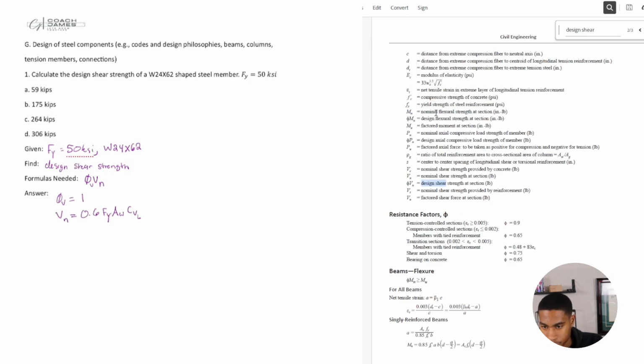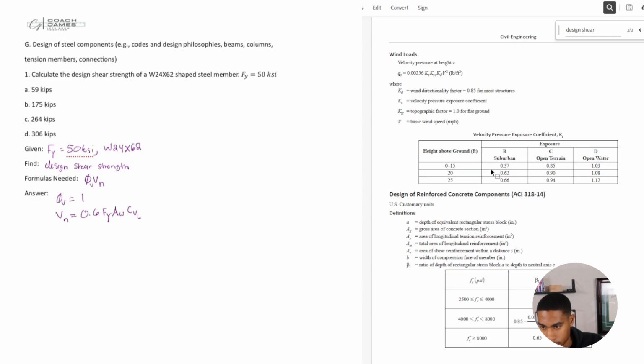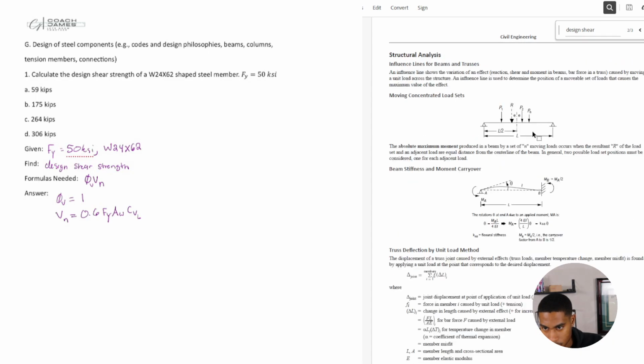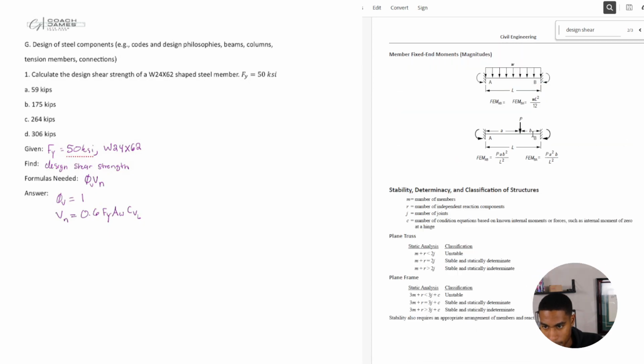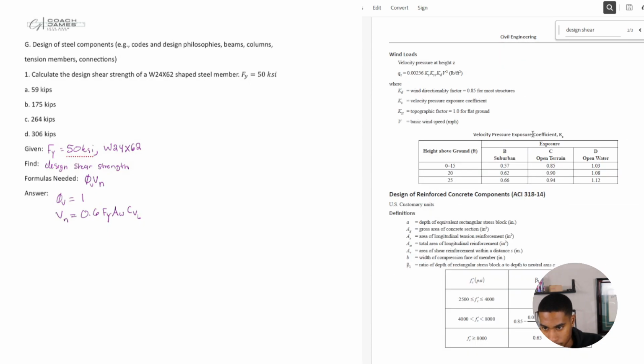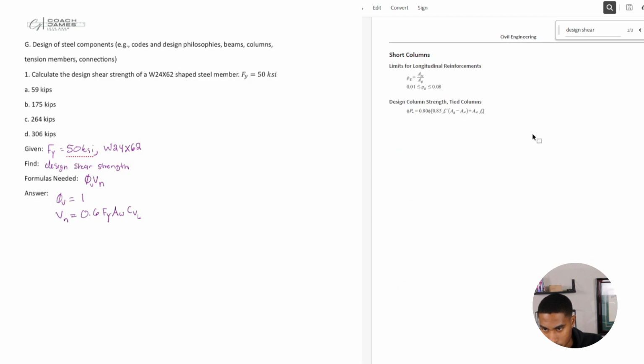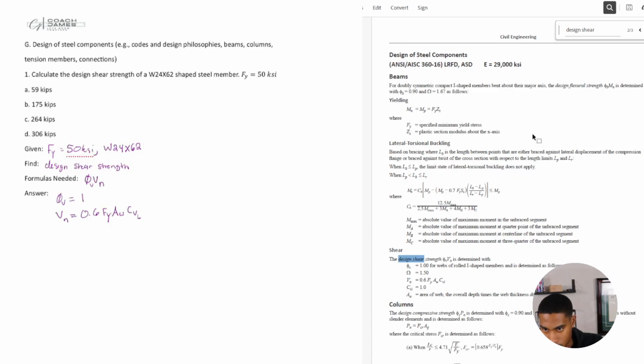This is the design of steel, but I think it's pretty uniform, so I'm going to go with the specified minimum yield stress.